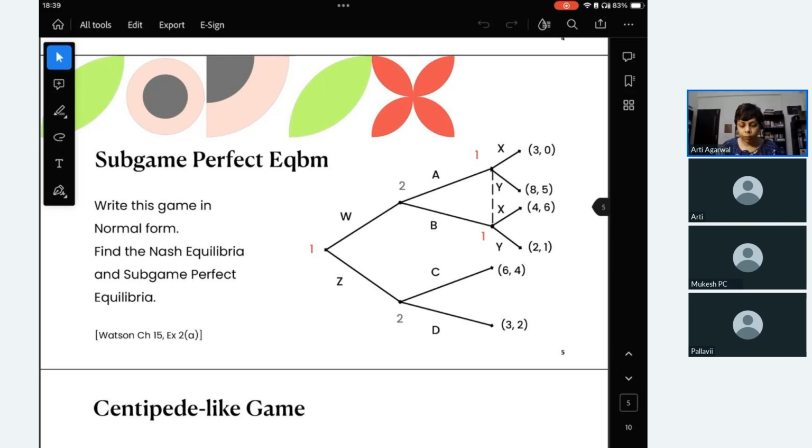Okay, so next we come to a slightly different type of game in which player 2 has played one of the strategies A or B, but player 1 does not know which strategy has been played, and player 2 in the second part of the game has only two strategies, X and Y, at both the nodes of the game.